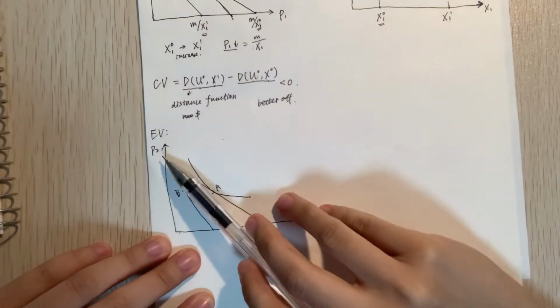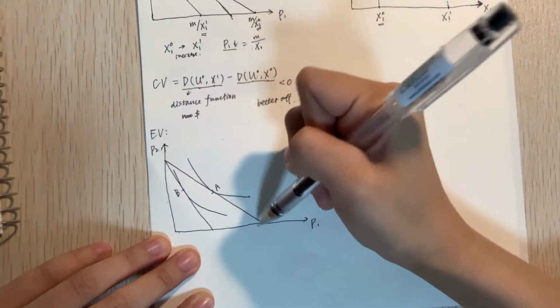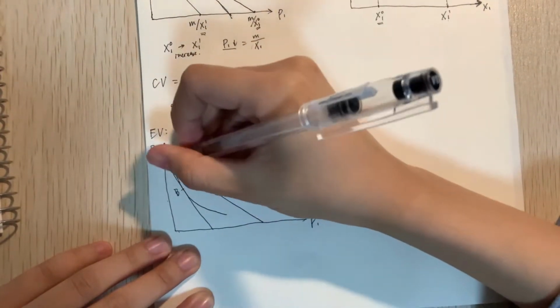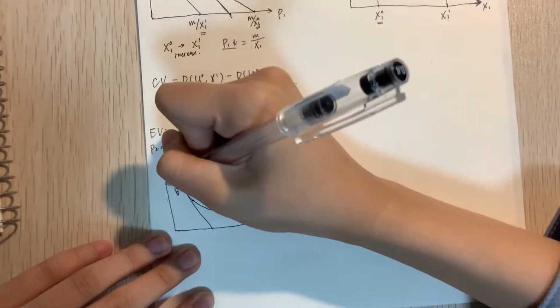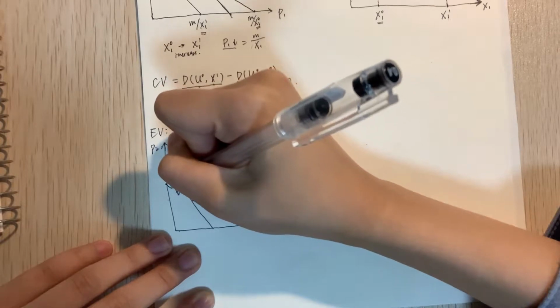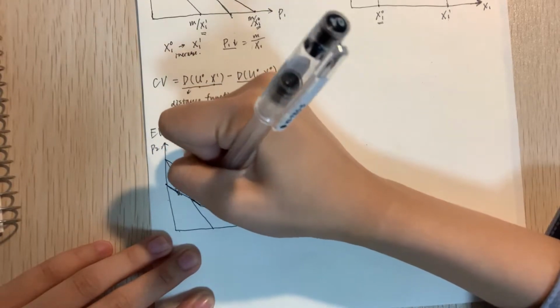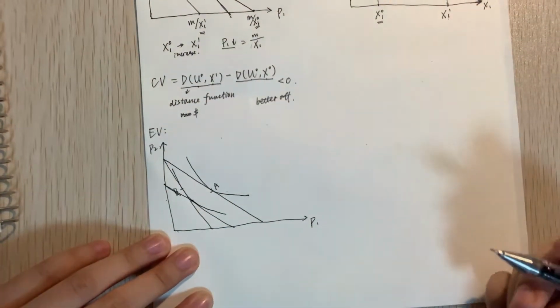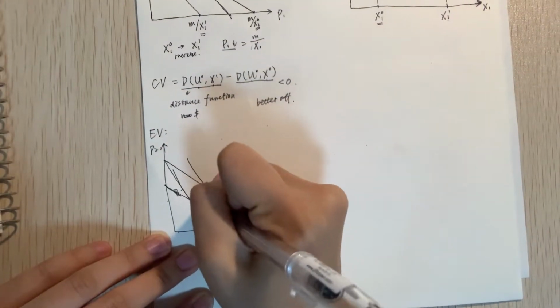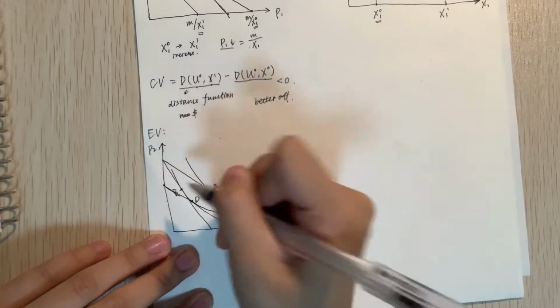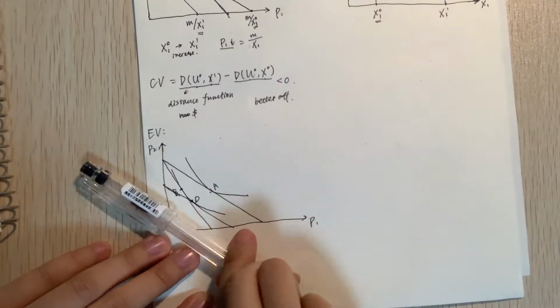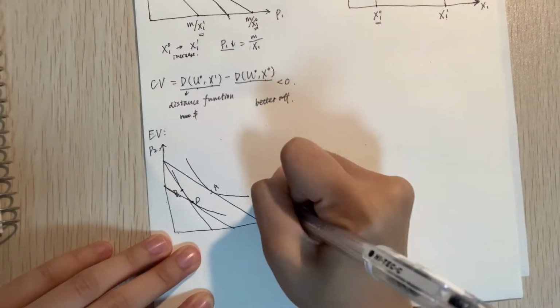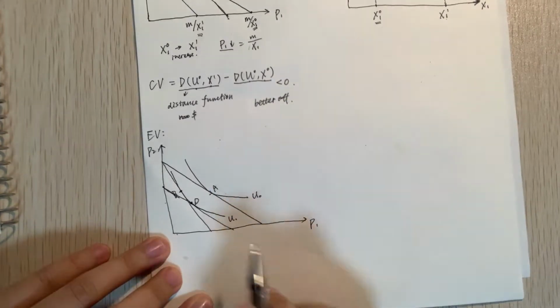So that said, we need to draw a parallel line, parallel to this one, but going through the new level of utility. So I'm gonna just draw it like this. This, I'm gonna put a D here. This is the new equilibrium point. Go from here to here. This is U0, this is the new level of utility.